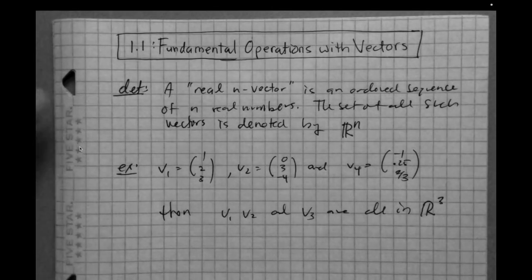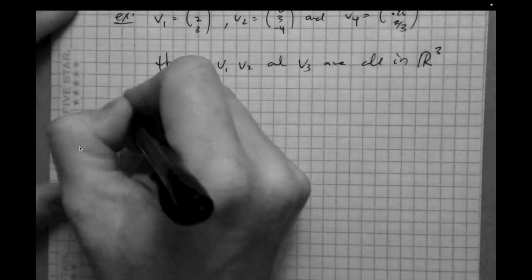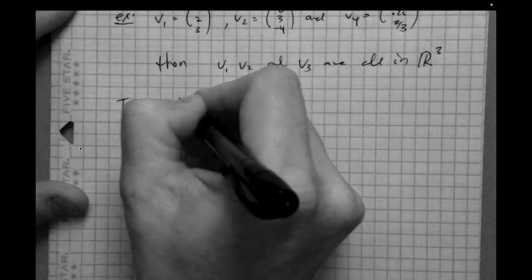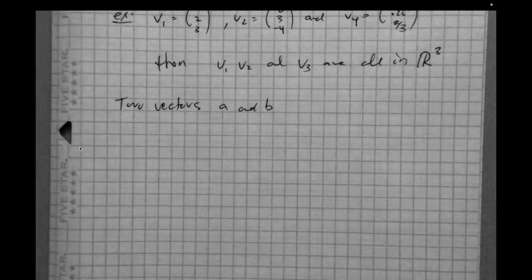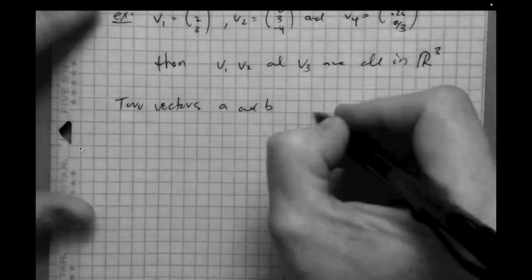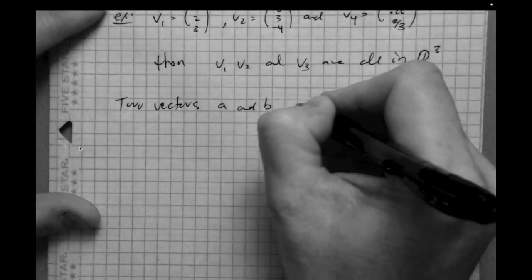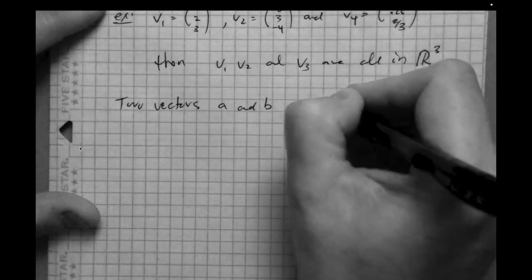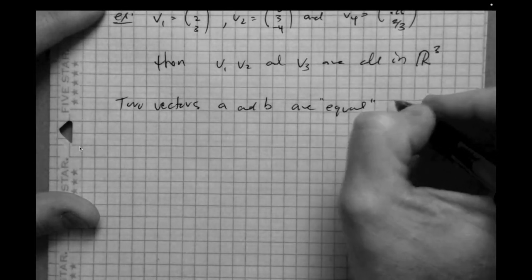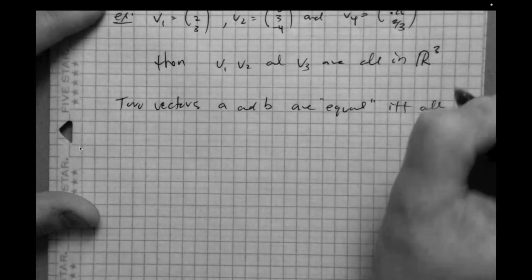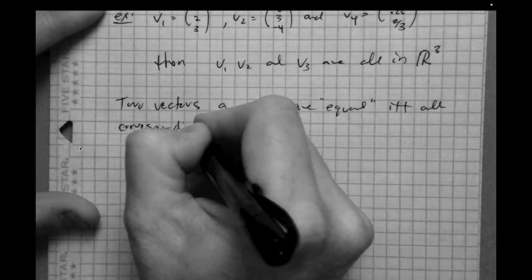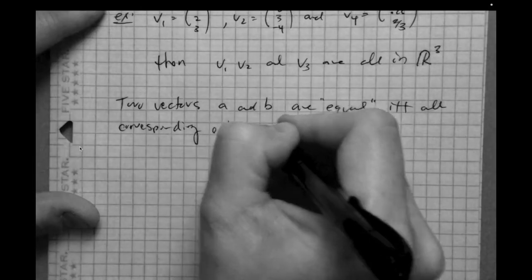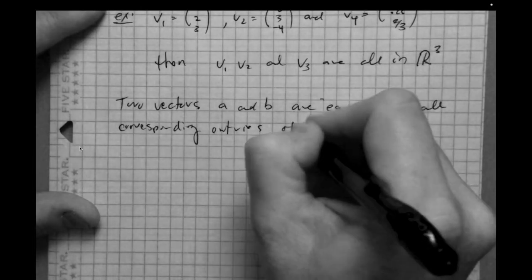Given two vectors A and B, we say that A and B are equal if and only if all corresponding entries of A and B are the same.